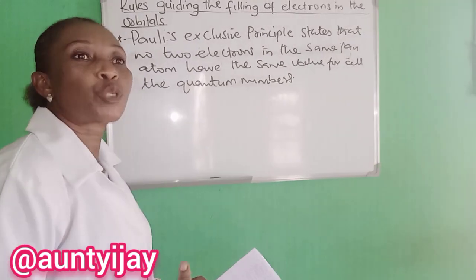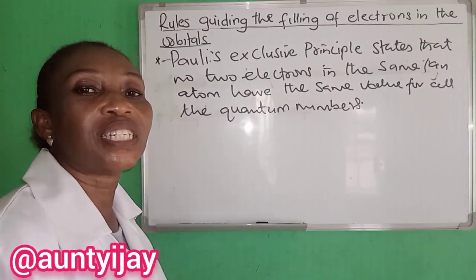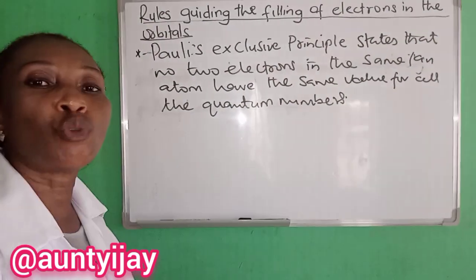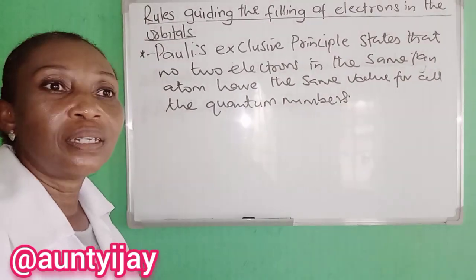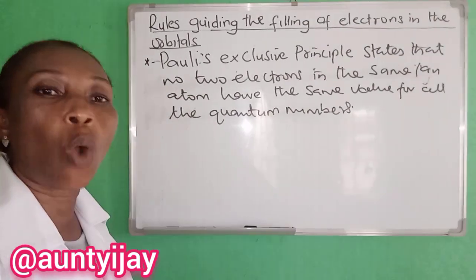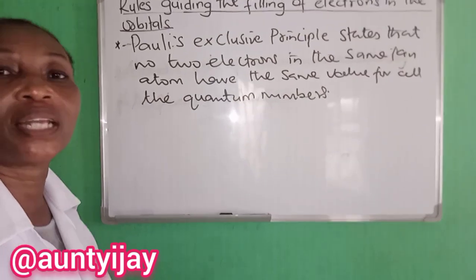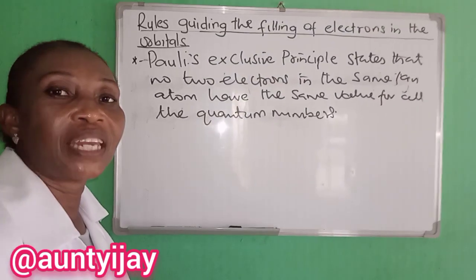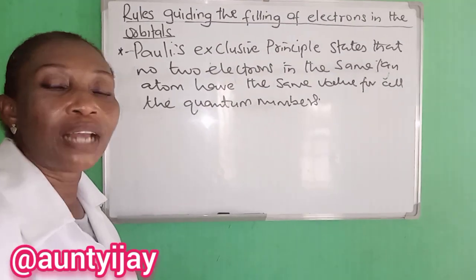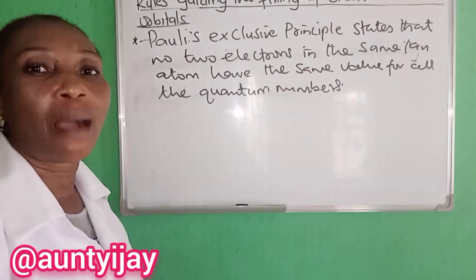And then we have the spin, which says that electrons are moving in opposite directions. That means if you have two electrons in the same orbital, they will not be moving in the same direction. One will be moving in an upward direction and the other in the opposite direction, meaning that they have different values. The spin quantum number gives them the values of -half and +half.